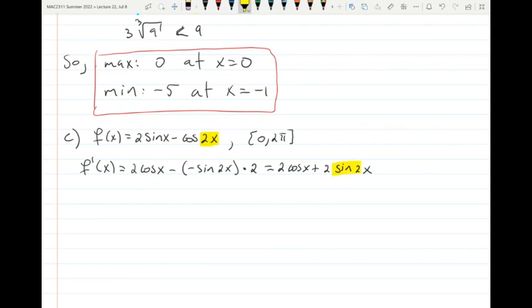Right here we have sine of 2x, and then recall sine of 2x equals 2 sine of x times cosine of x. That's the double angle formula. So I'm going to use it. So we have 2 cosine x plus, and then when we use that, we're going to get 4, because we already had a 2, so 2 times 2 is 4. 4 sine x times cosine x.